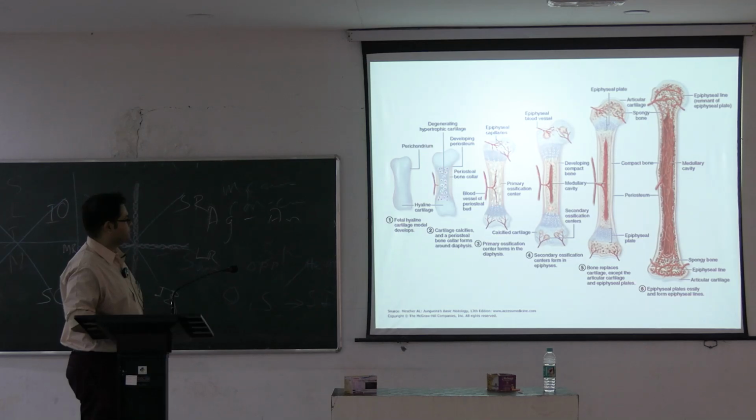So this entire part forms the diaphysis, then the metaphysis. Basically, the primary ossification begins from the diaphyseal part and spreads towards the metaphysis, and gradually only the part of the metaphysis remains, which is filled by spongy bone. Now the bone replaces the cartilage except at the articular part, where the articular cartilage is here, and the epiphyseal plates that we can see here.